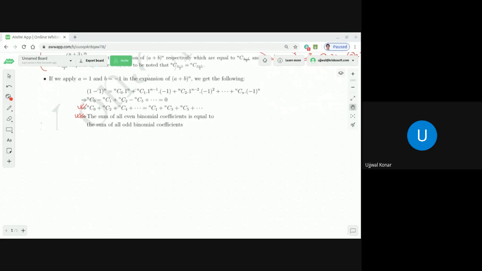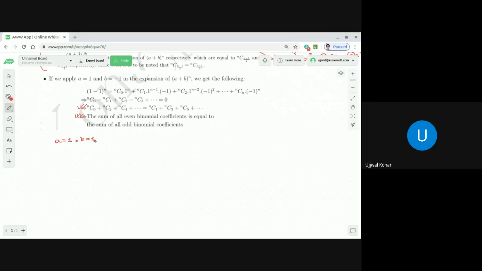moreover, if you compute properly as they are same, what we can do is that we can make this thing. So we understood that nC0 plus nC2 plus nC4 is equal to nC1 plus nC3 plus nC5, like that. Now let us apply a equal to 1 and b equal to 1.